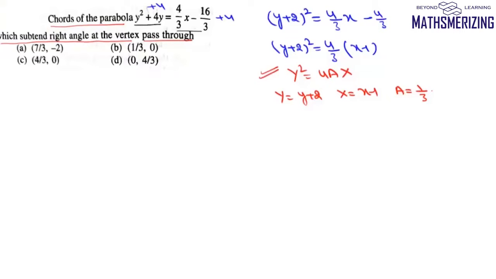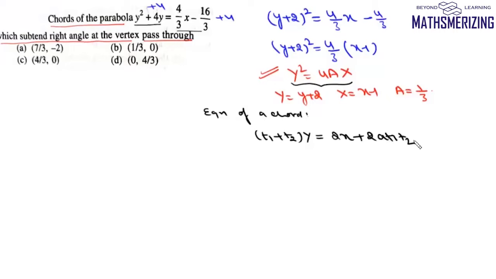Now for this parabola, first we'll write the equation of any general chord. In the previous video, we have already done the equation of a general chord. So the equation of a general chord for the parabola y square equals 4ax is given by (t1 plus t2)y equals 2x plus 2a t1 t2.